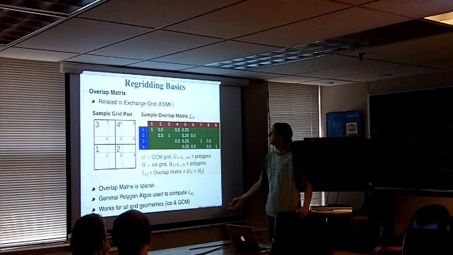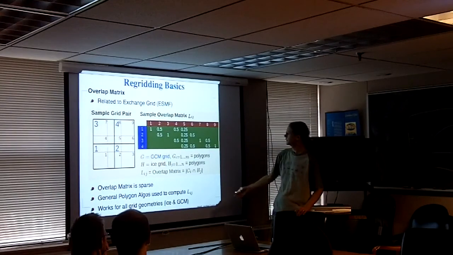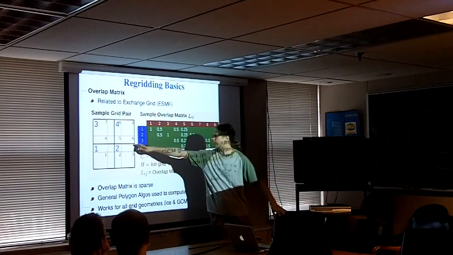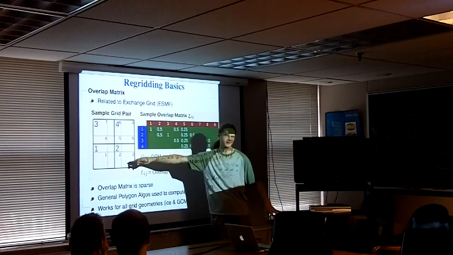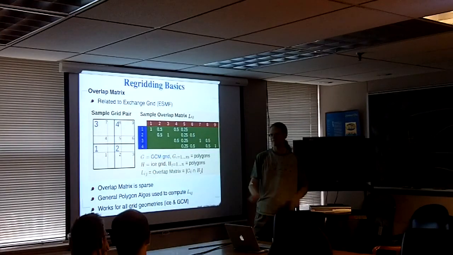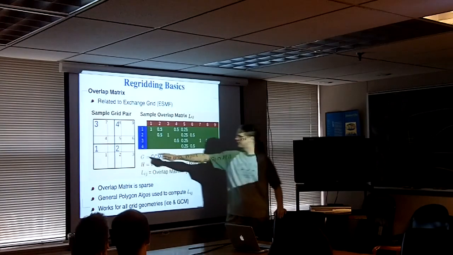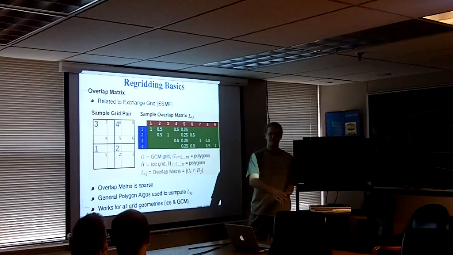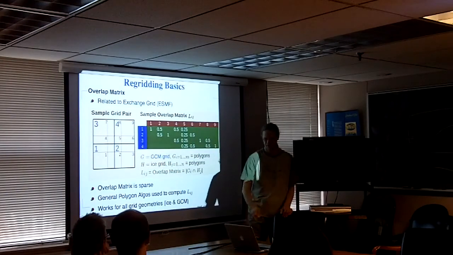Now the other problem, of course, is that in our case we're talking about the overlap between the GCM grid, which is on a sphere, and this ice grid, which is on a plane, because ice models think the Earth is flat. So what I'm doing is projecting the GCM grid also onto the plane, and then we compute the overlap.